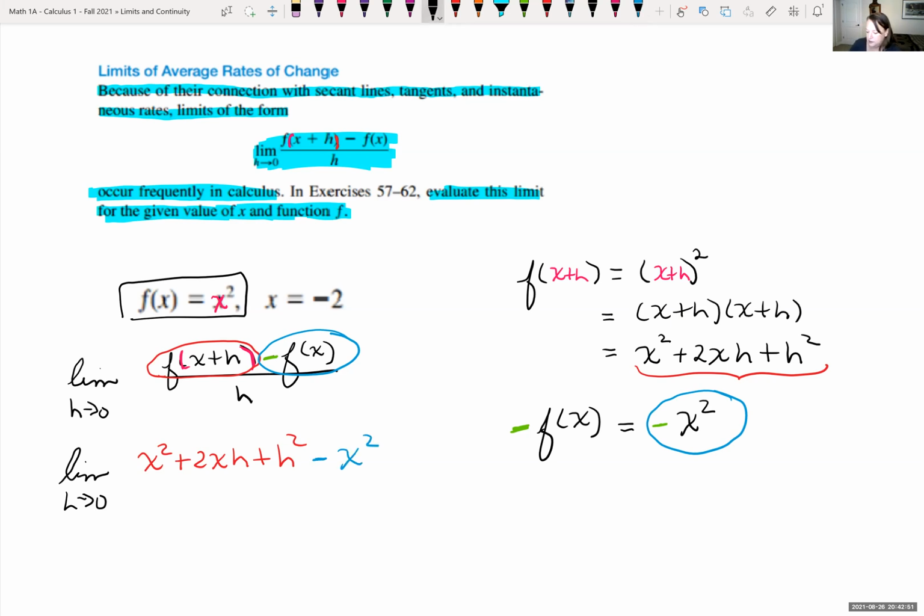And then it tells us to put that whole thing over h. So let's combine like terms in the numerator. Well, notice I have an x squared minus an x squared, so those cancel with one another. And I'm left with 2xh plus h squared all over h.